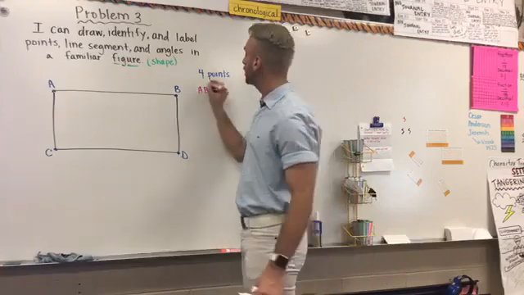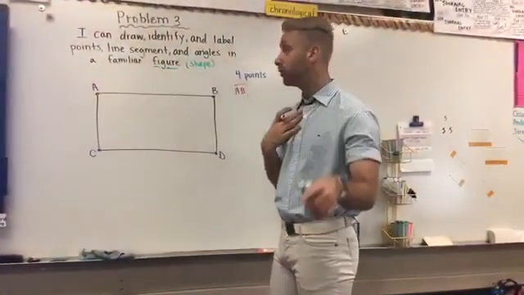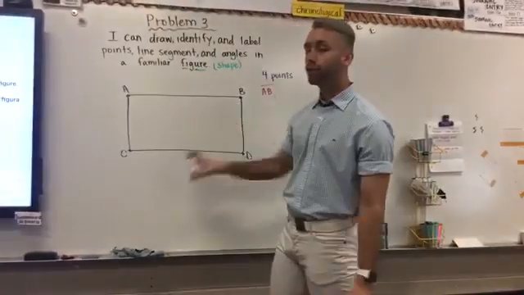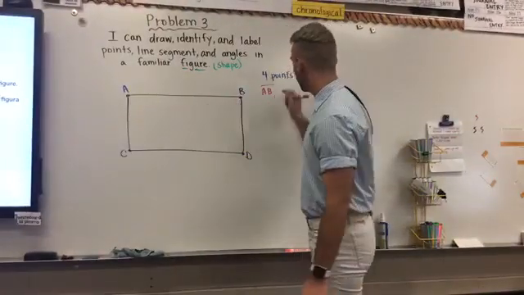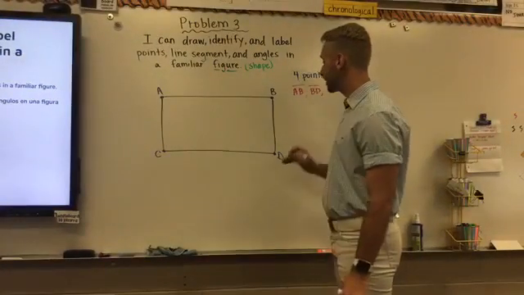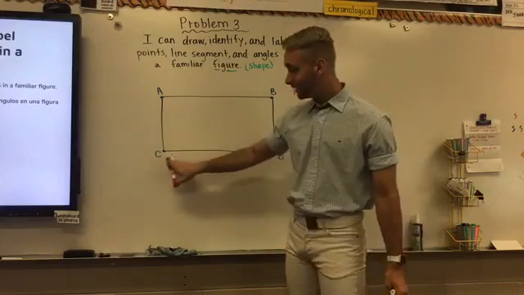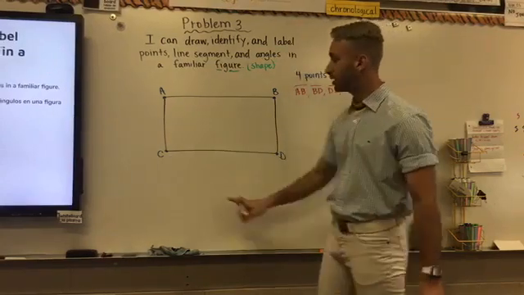Yes, just a straight line. So what I do and what you guys should do at home is go in order. So A, B, okay, boom, it's right there. B, D. Remember, straight line across to show that's the line segment. D, C. Line segment DC, straight line across the top.